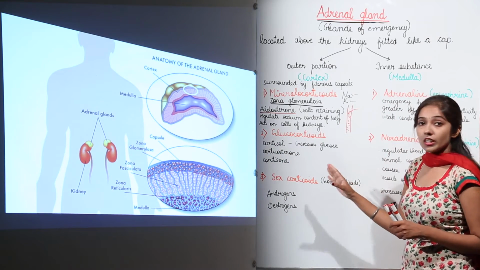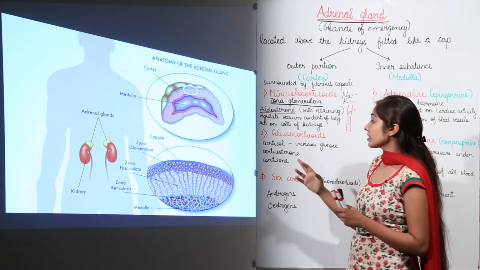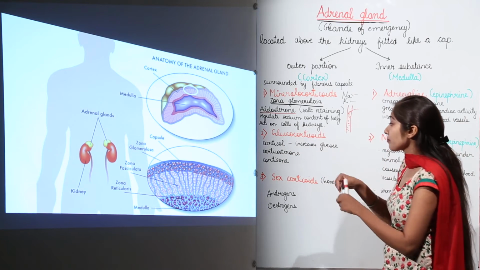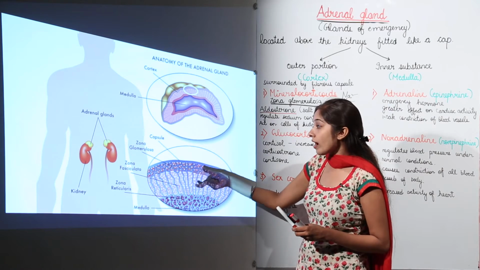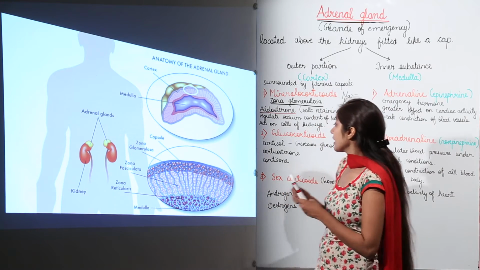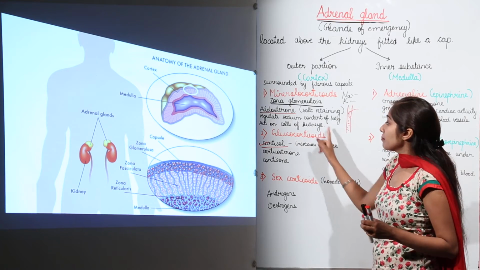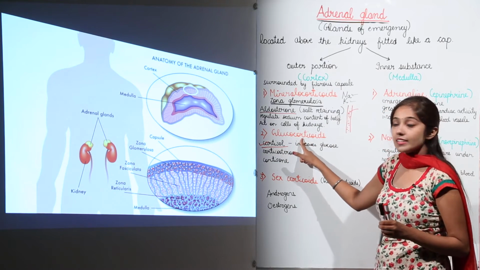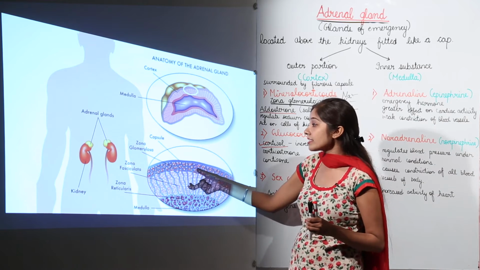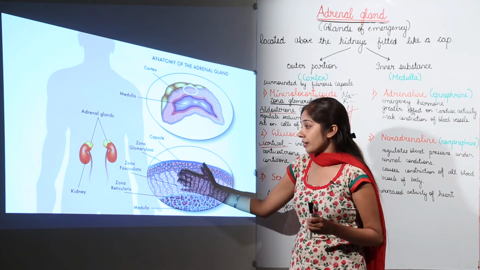But the most abundant hormone secreted by the zona fasciculata cells, right, is cortisol. So, remember that glucocorticoids are secreted by the second zone, the zona fasciculata, right.